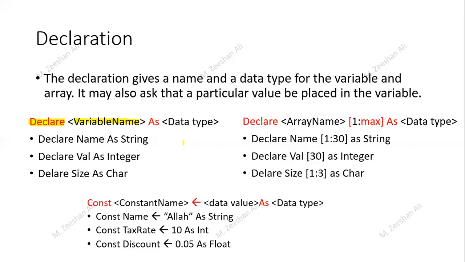So when we declare any variable, we use the command declare. Then we give the name of the variable. If it is a long variable name, as I have written, for example, variable name, see, I haven't used any space in between. So we cannot use any space in the name. For example, I want to store student names in my variable.